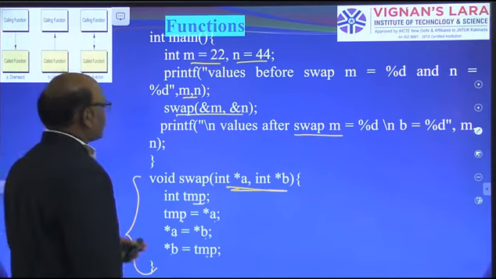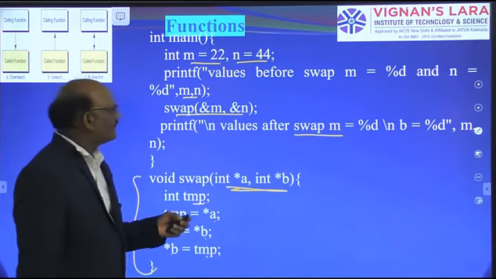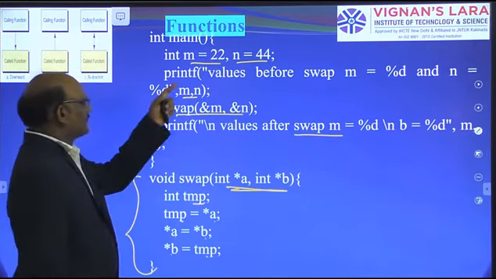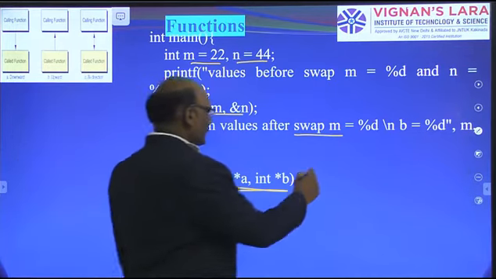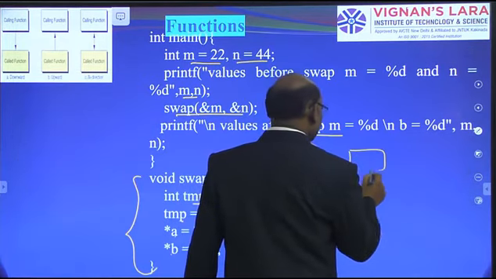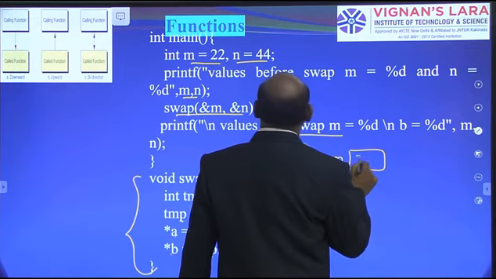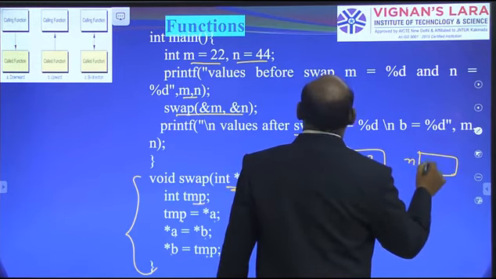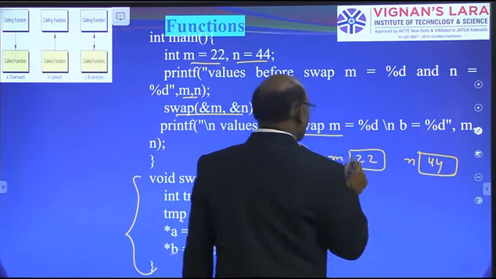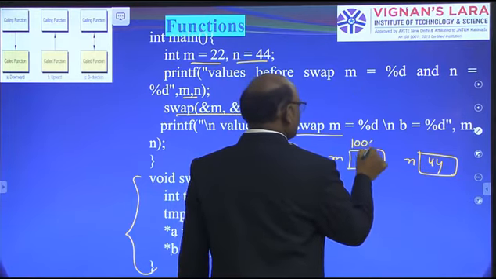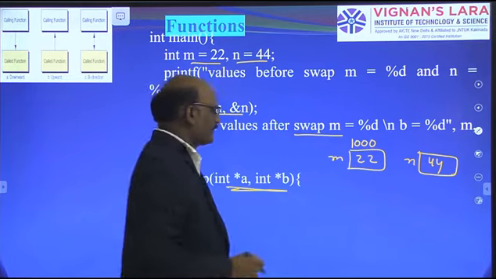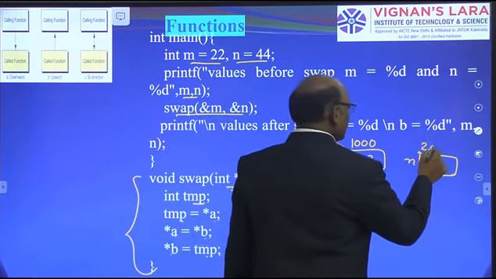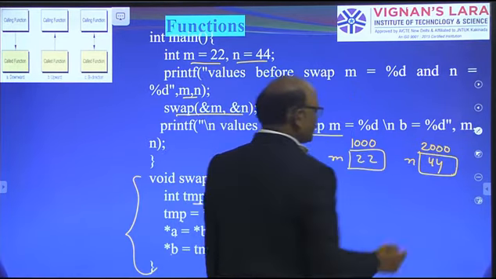See how the execution will take place. First, m value is 22, n value is 44. 1000 is the address of variable m, and the address of variable n is 2000.